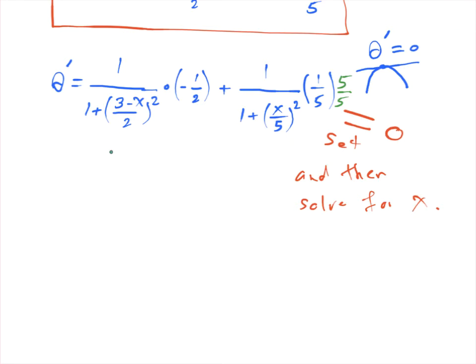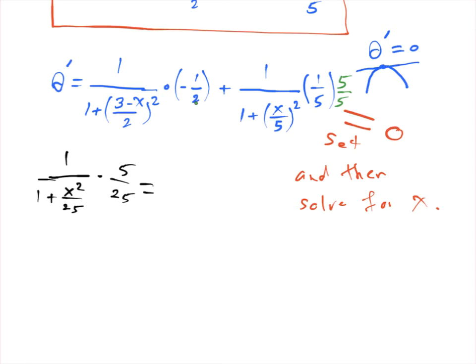If I do that, then I get 1 over 1 plus (x over 5) quantity squared, which is x squared over 25. And now I'm multiplying this ratio by 5 over 25. Then I simplified that again. So that's what that second term is. And then the negative term, the first term, moves to the right and becomes positive.